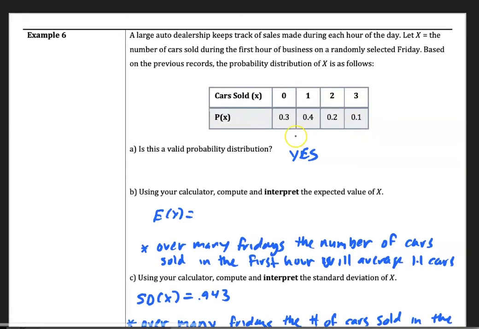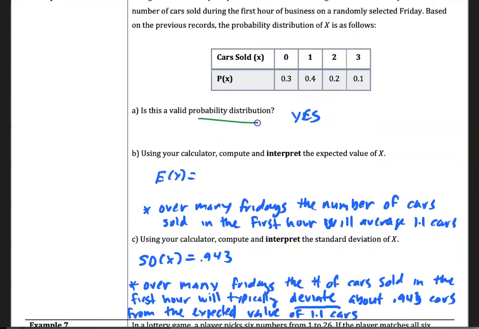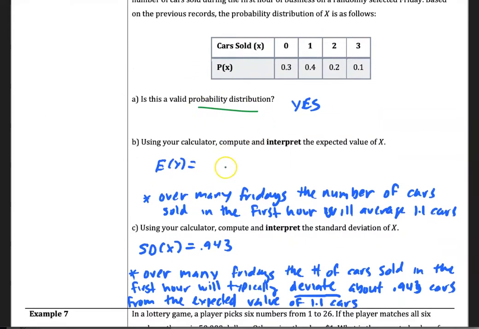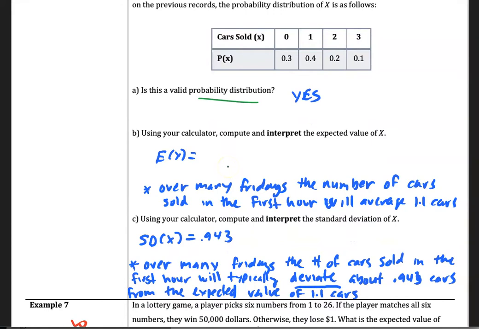And so what you would do is, it is a probability distribution based on our conditions. We would use a calculator to calculate that.